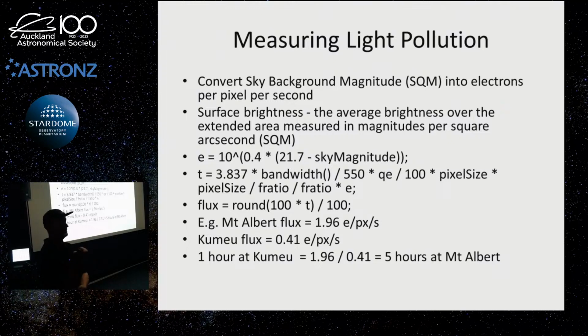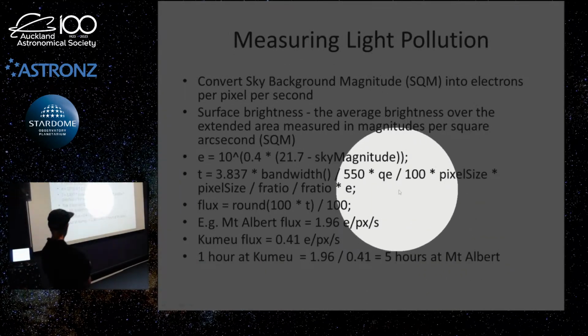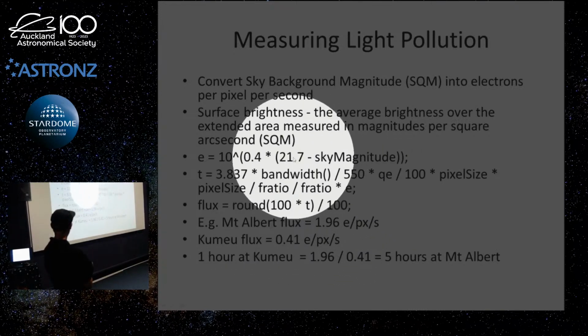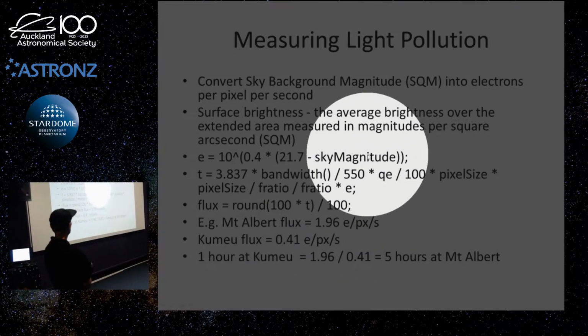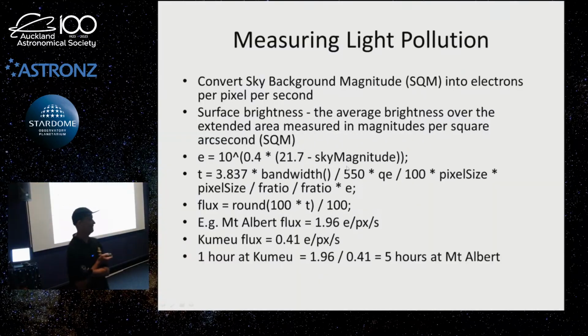Alistair's meter actually counts the number of photons. So there's a calculation that you can do, and I've gone through it there, and there's a formula like 21.7 minus the sky magnitude and 3.87 times the blah, blah, blah.